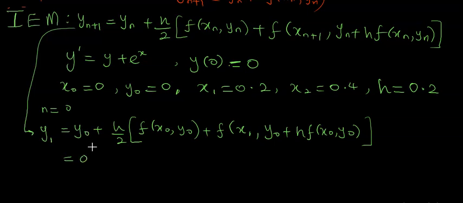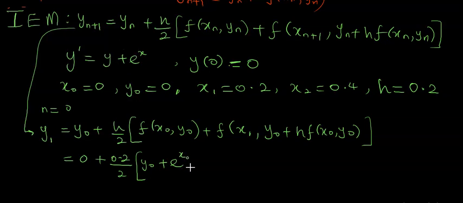We already know that. So plus h is 0.2, we already have that here, divided by 2. Now this is f of x naught, y naught, of course, and that is this. So we simply substitute. So this becomes y naught plus exponential x naught from this.